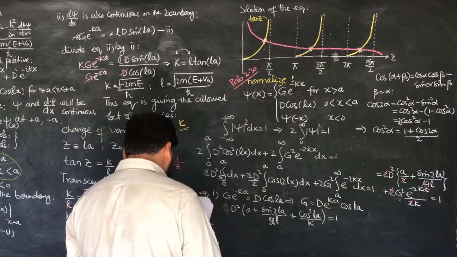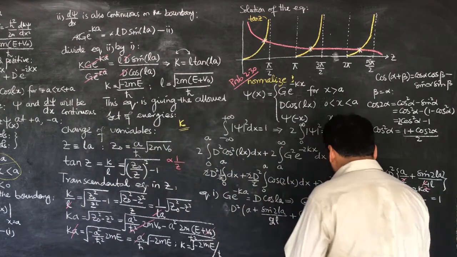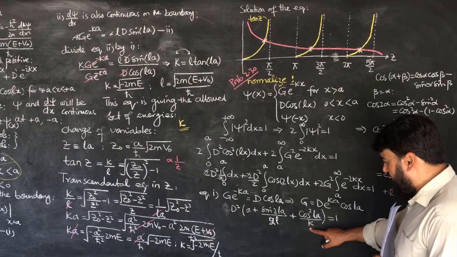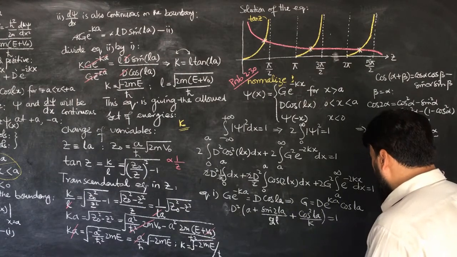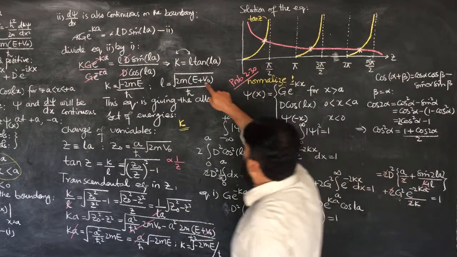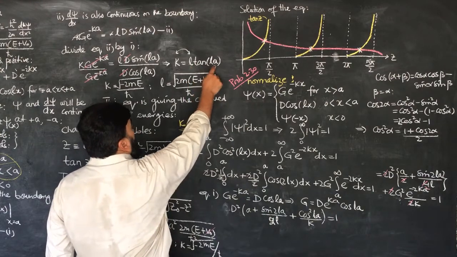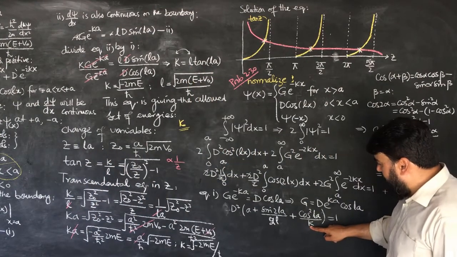Now I know that what is the value of k here. So the value of k, I can write that k from this equation, I can write that this is L tangent LA. So I can write here L tangent LA.